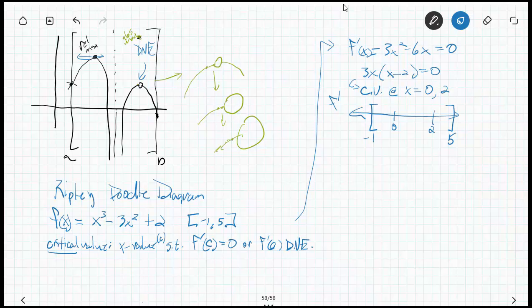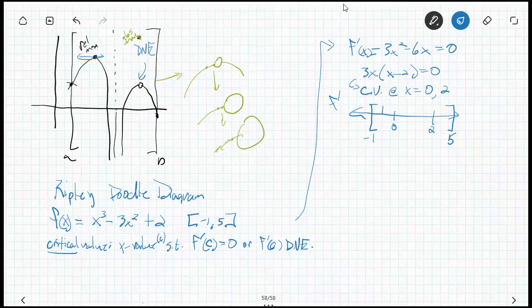Now watch. This is the great part. It's very much like what we did before, when we were talking about particles speeding up and slowing down a few sections ago. I don't care about actual numbers. I only care about values being positive or negative. Pick a value between -1 and 0, let's call it -0.5. If I plug that into here, I get a negative. If I plug it into here, I get a negative.